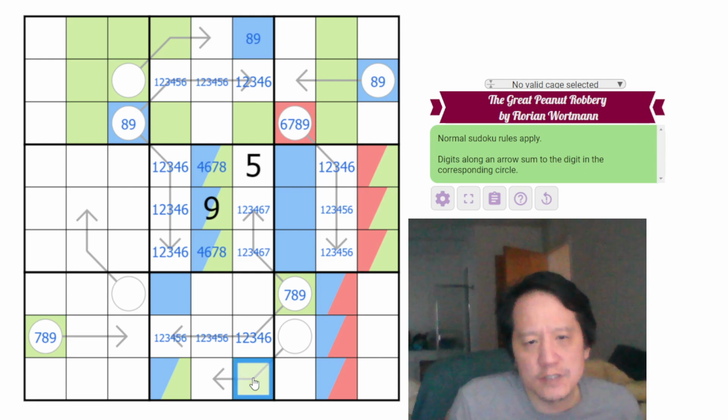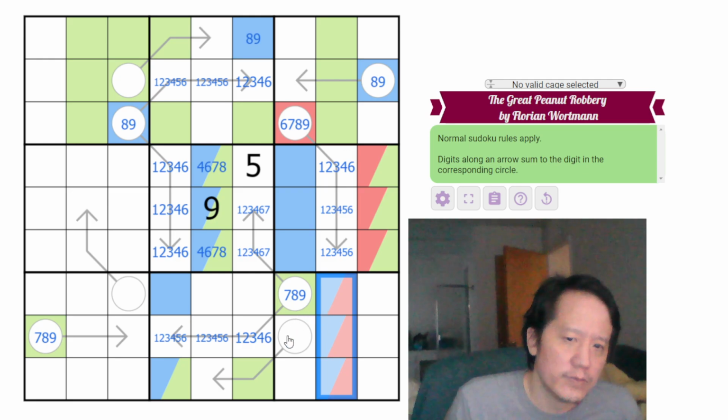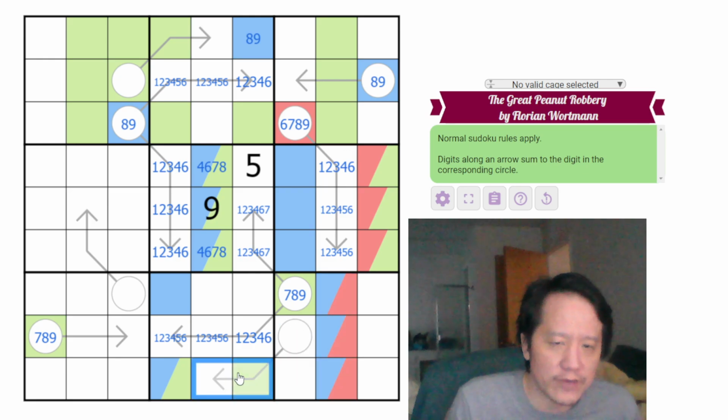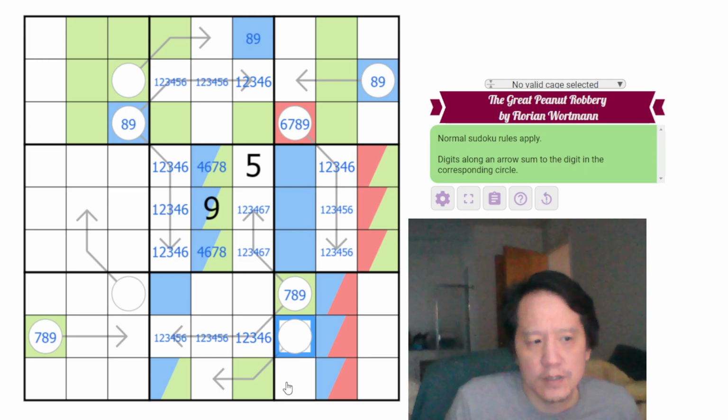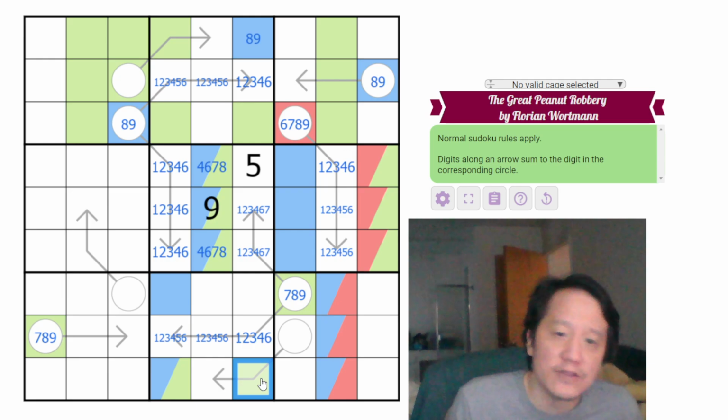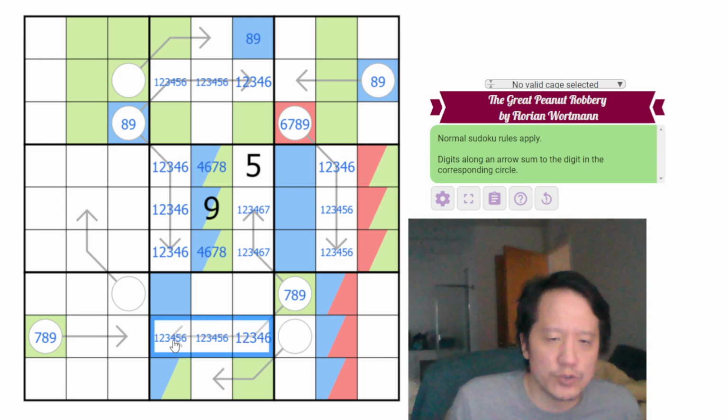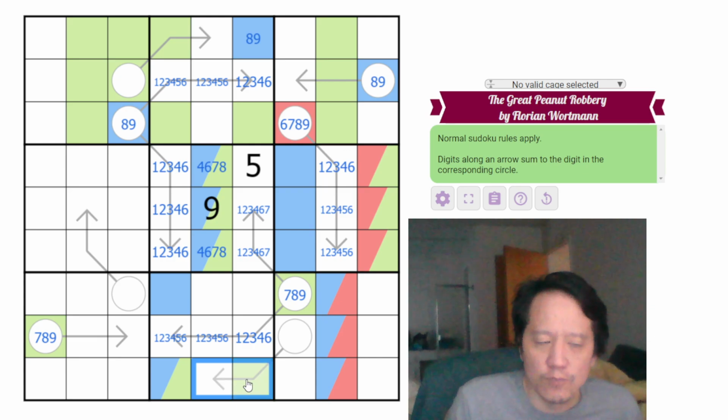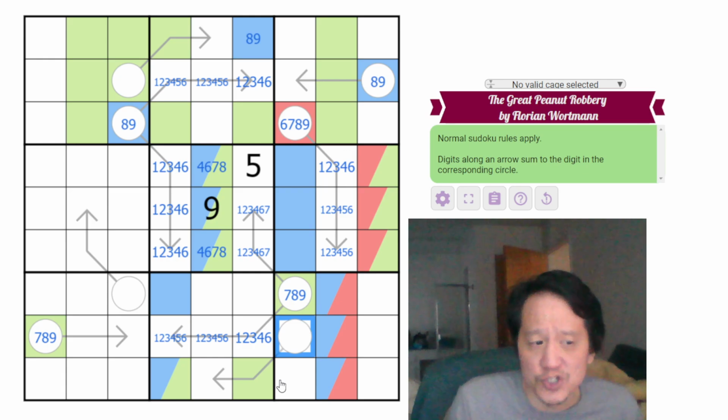If this was green, it's 7 or 8. If this is 8, this is 9. So it cannot be there. Because this would have to be 8 and 1 or whatever. Say this is 7. This can't be 7 either. If this was 7, this would be 1, 2, and 4. But the problem is you can only add 1 or 2 to 7 to make a digit that's valid. So this cannot be green.